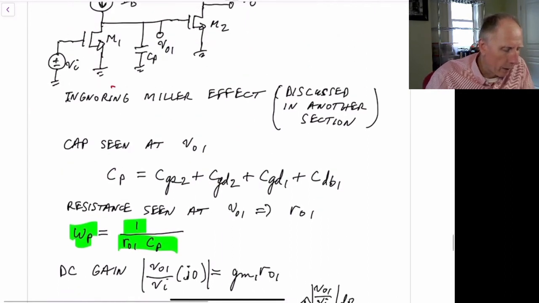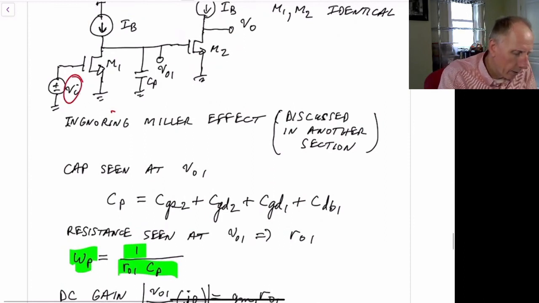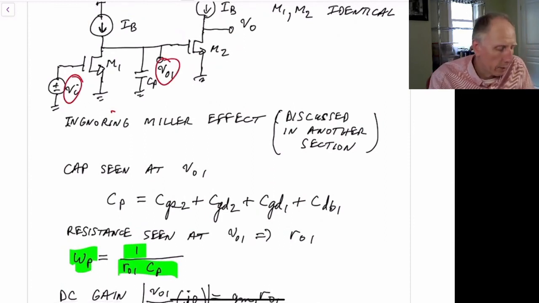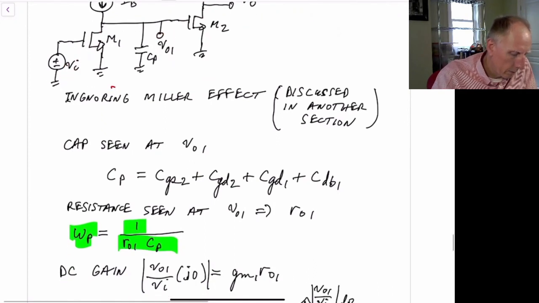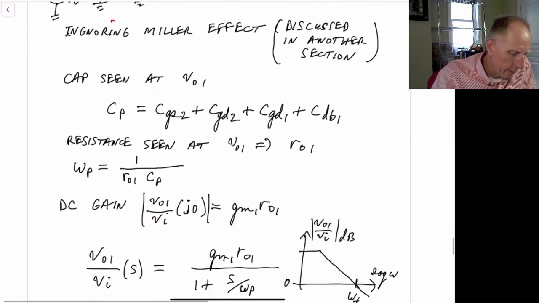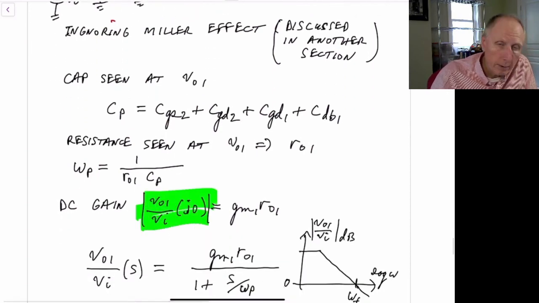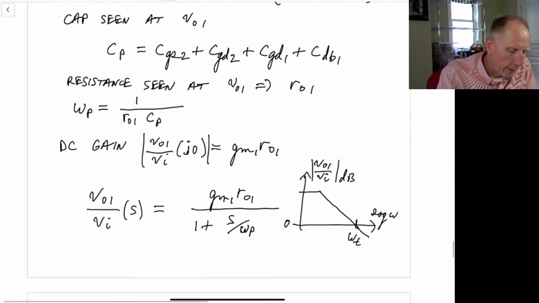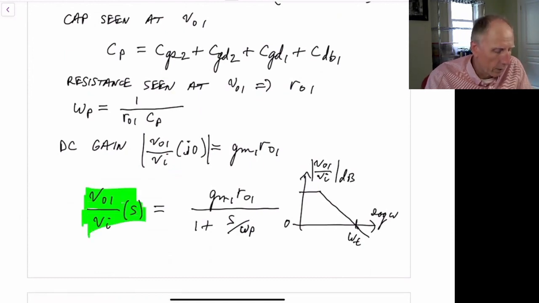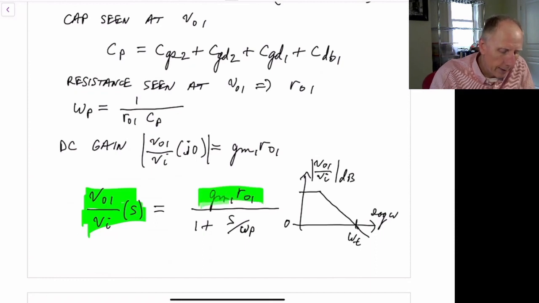The DC gain we already know, that's just the gain from here to here, and that's just a single transistor gain stage. So the DC gain is just GM1 RO1. So now we can write that the gain from the input voltage, if it was an ideal voltage source, to the output VO1, would just be the DC gain, GM1 times RO1, divided by 1 plus S over omega P, where omega P is our 3 dB frequency.